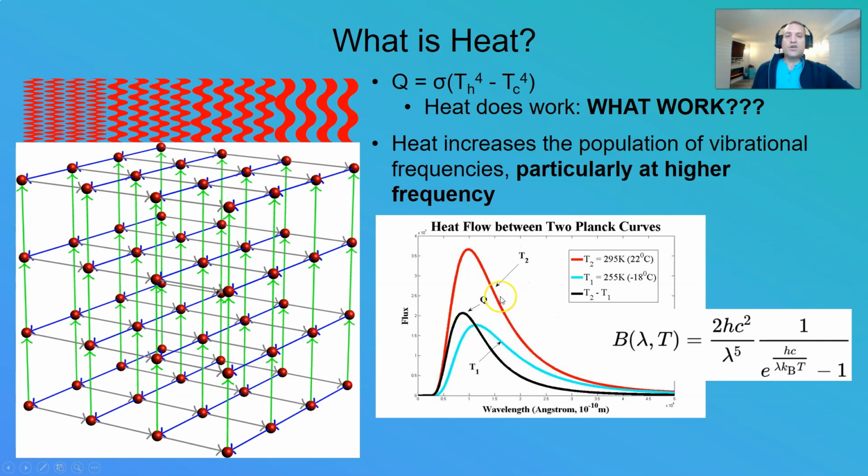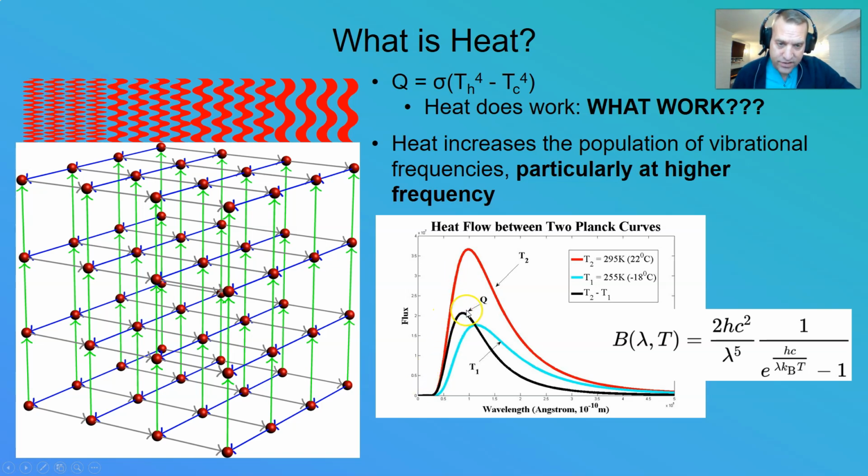Isn't that neat? So heat specifically, getting back to that, heat specifically is the difference between the hot curve and the cool curve. The hot curve is always the bigger one, and it has a higher population of frequencies of energy across all frequencies. Plus it has the greatest concentration of population of energy at higher frequencies.